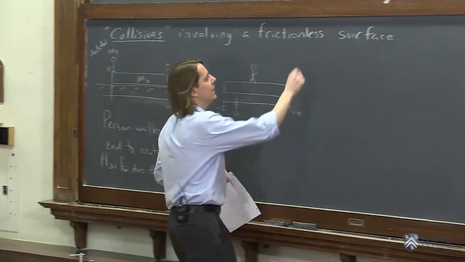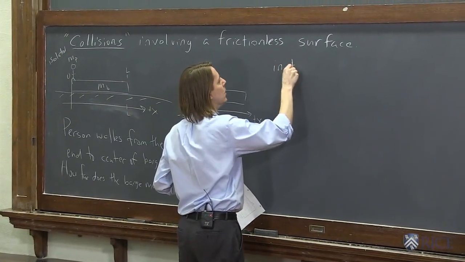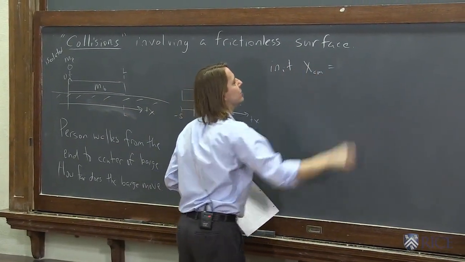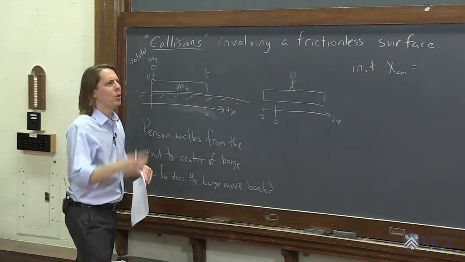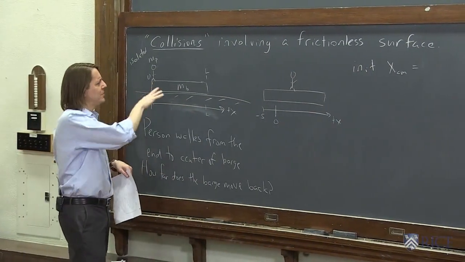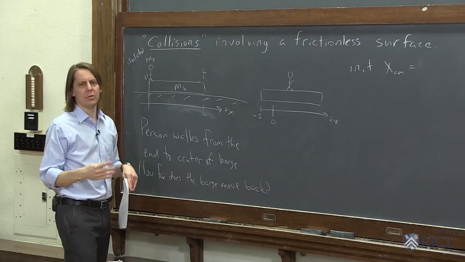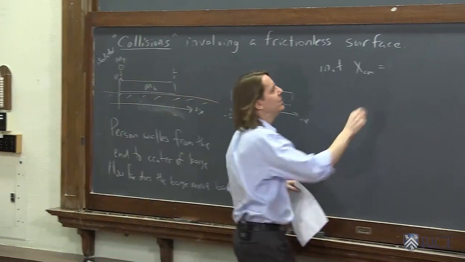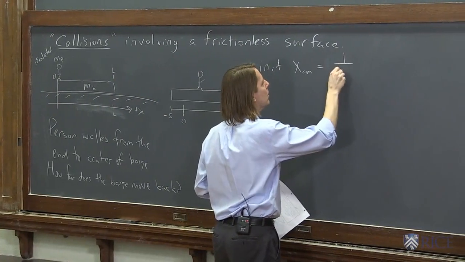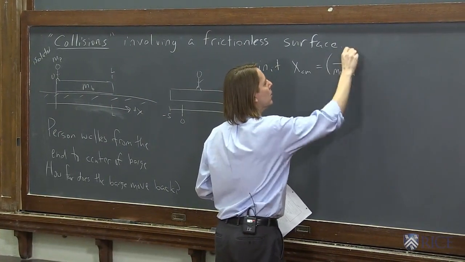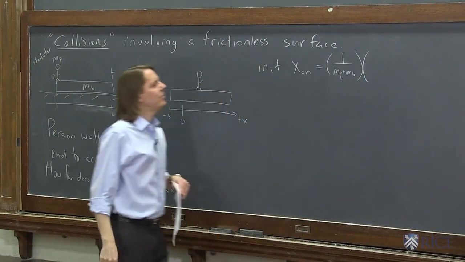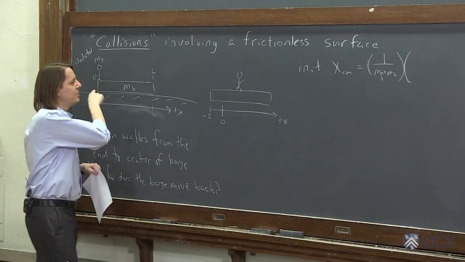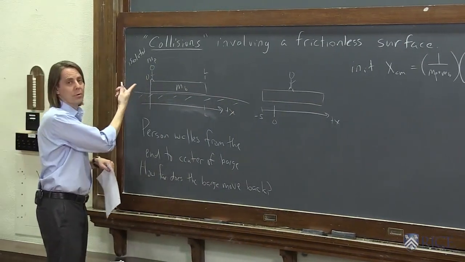All right, so let's look at the initial x center of mass, right? So the center of mass is 1 over the total mass times the position of each mass times where it is, right? So 1 over mp plus mb, right, times my position times my mass, but I'm at 0, so that's nice.